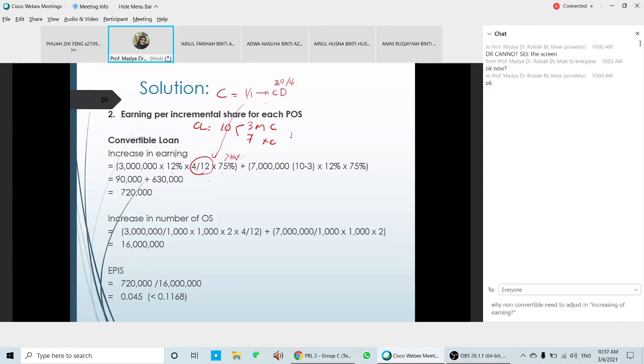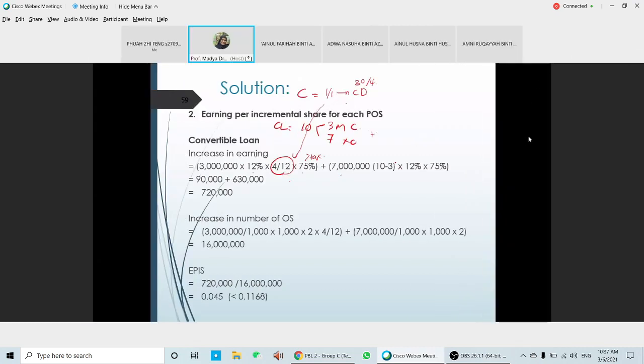The one that is not converted here is 7. Okay, 7 here is 10 minus 3. This one, 7, times 12%, times 12 over 12 because you calculate from the issuance date, from the beginning of the year until 31st December. So there is no conversion, so 12 over 12 or 1. Okay, and then times 75%.